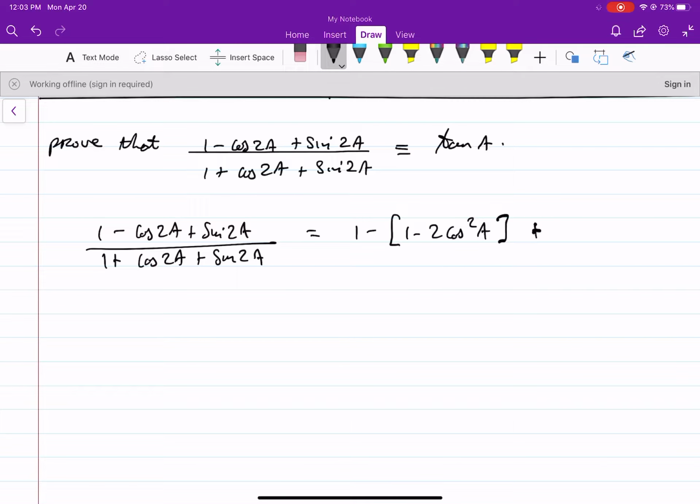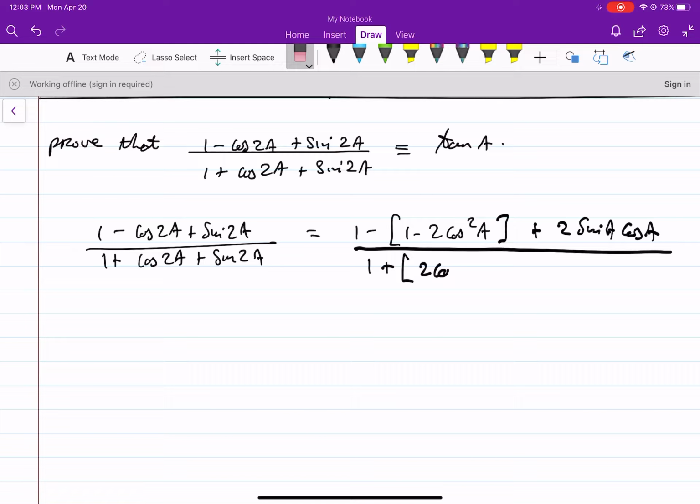That's my only reason for using 1 minus 2 cos squared a there. And then sine 2a is 2 sine a cos a. On the bottom, 1 plus, I will use the other one, which is... Sorry, this should have been 1 minus 2 sine squared a, right? Messed that up. I don't know my identities.